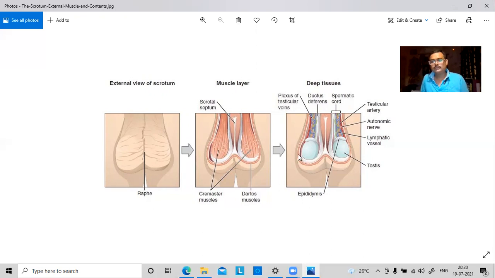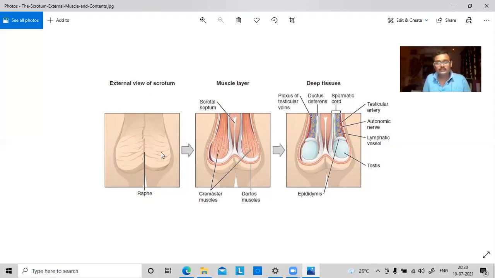Also, it decreases the temperature of the environment of the testis, and thus helps in spermatogenesis. So it not only protects the testis from the external environment, another important function is that it helps to decrease the temperature around the testis, and thus helps in spermatogenesis.